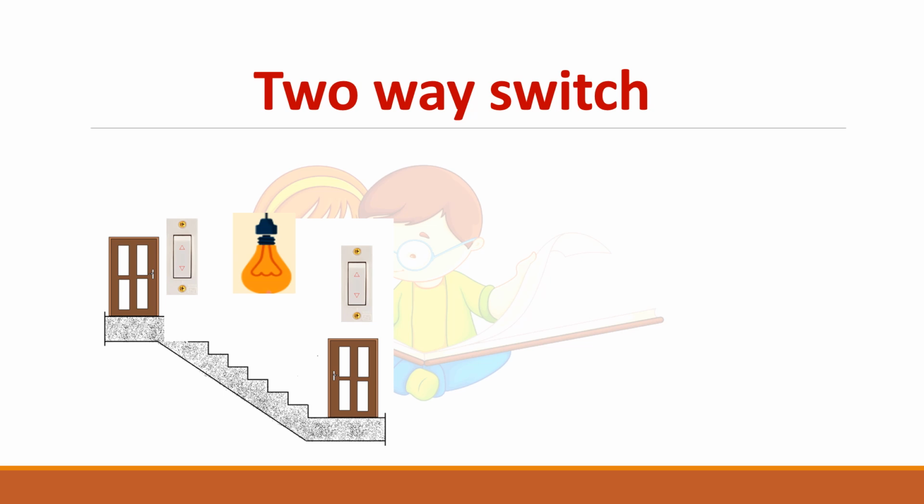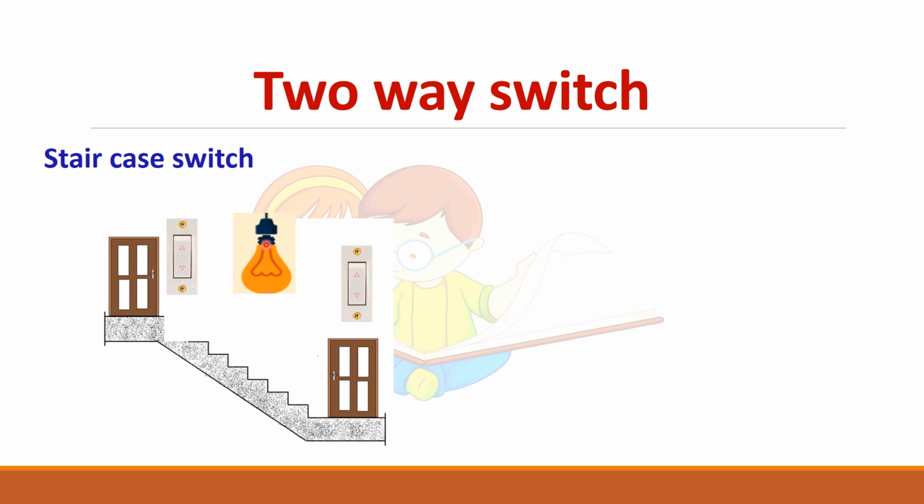The two-way switch is usually called a staircase switch because mainly in earlier days we were using it for lighting the staircase. That is, when you enter the staircase, you can switch on the light, and when you reach the upper part or upstairs, you can turn it off.